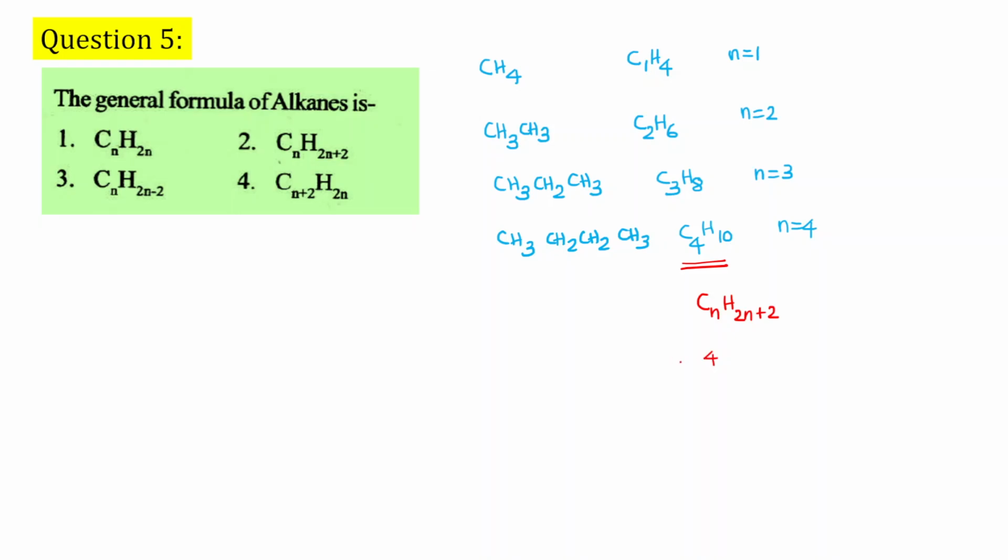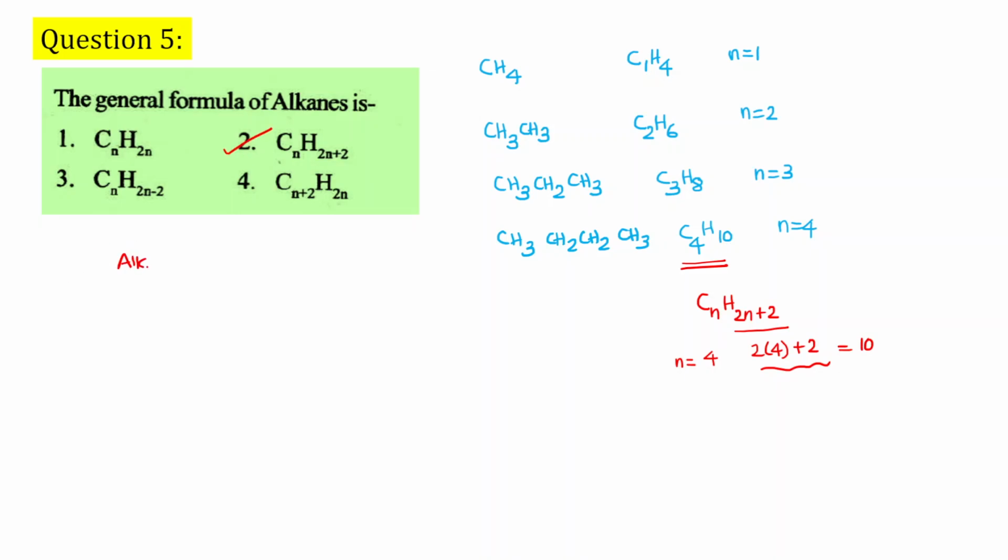If n equals 4, then it is 2 into 4 plus 2, which is going to be 10. So C4H10 comes under the formula CnH2n+2. So remember, alkane is CnH2n+2. The correct option for this is the second option.